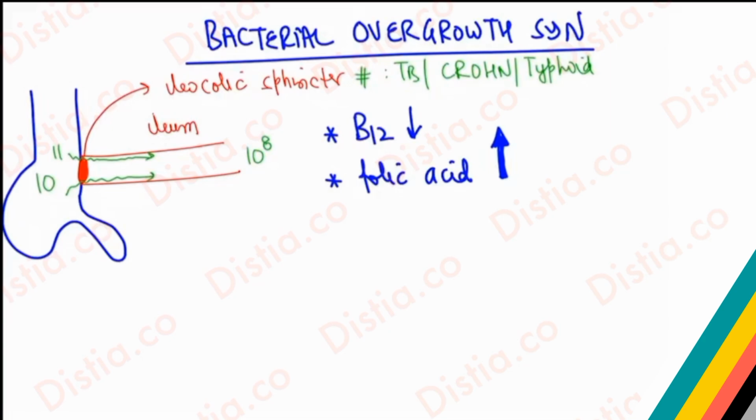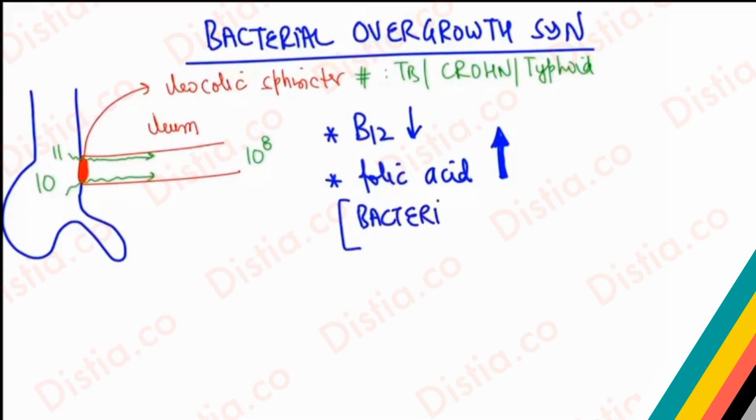A mucosal disease is in the ileum. Mucosal disease should be present even in the jejunum, because bacteria are going retrograde. So there should be a decrease of folic acid level, but it is elevated, no? So why is this folic acid level elevated? Because folic acid in this condition is being produced in excess by bacteria.